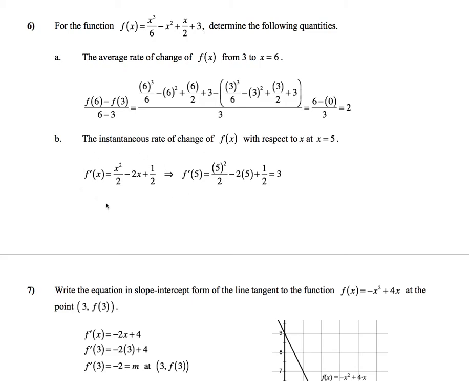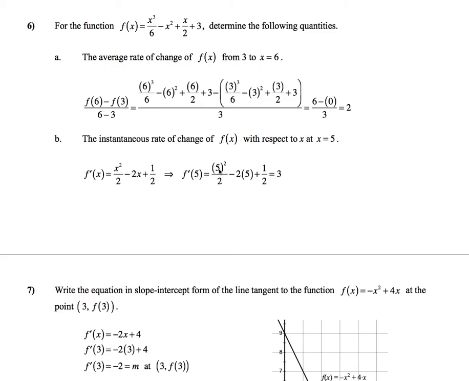So now this is our derivative, and when we substitute in 5 into that derivative, which is what we should do here, instantaneous rate of change at x equals 5 means that once you calculate the derivative, you substitute 5 in for x.